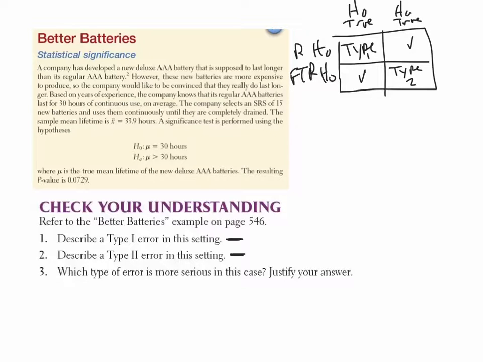So which one is more serious? Well, I guess it's up to you to decide, but I would say, what's the one with the biggest consequence? So if we reject that null hypothesis and that company starts advertising the batteries that last more than 30 hours, they last well beyond that, and that's on the boxes.